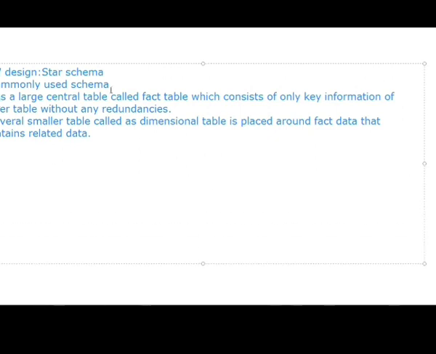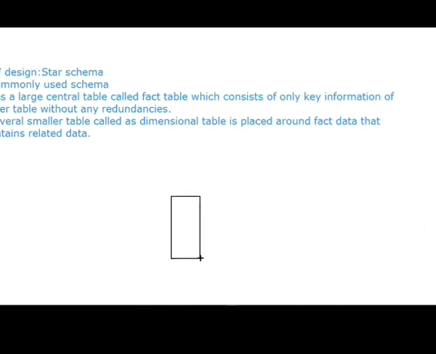Now let us see how to design this particular star schema. So there will be a central fact table. Now this is what actually the fact table is. Now this fact table doesn't have any duplicates. Now the interest in the fact table are the key elements or the key information of the dimensional table that is surrounded by. And this is the dimensional table.